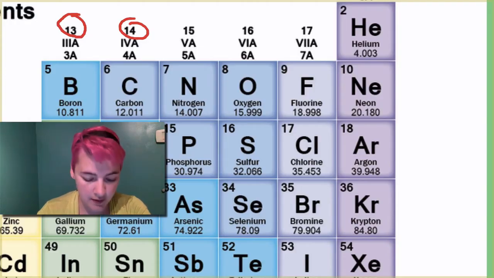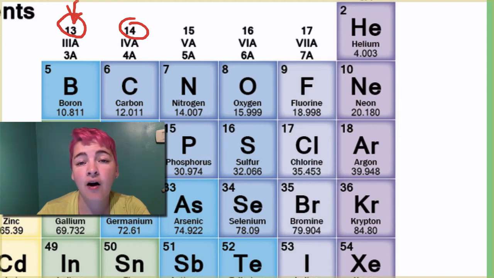The second number, the 3, tells us how many valence electrons. Boron has 3 valence electrons. Carbon has 4, nitrogen has 5, oxygen has 6, fluorine has 7. Anything in that column is going to have the same number of valence electrons.